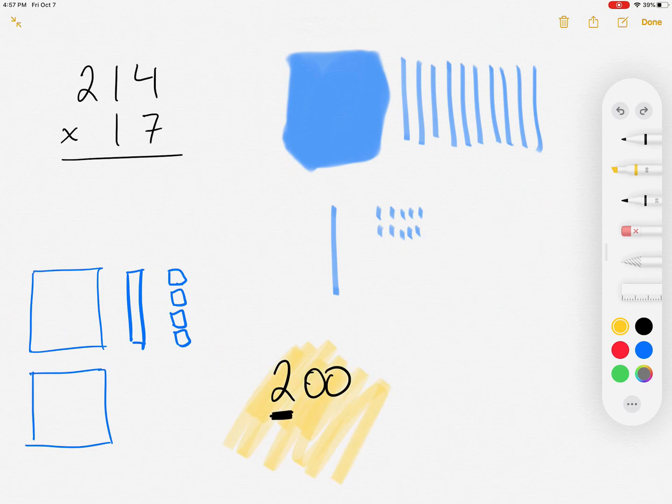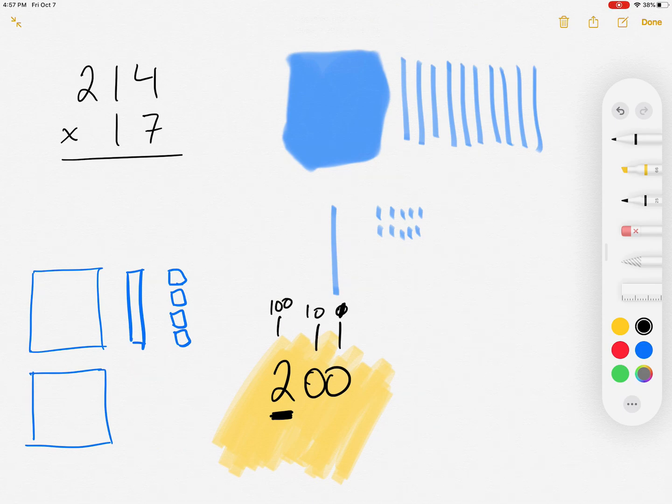Right down here. Okay, so this is the number 200. Now, underlying all of these algorithms, everything we do with decimals, the big thing to remember is these place values, the ones, the tens, the hundreds.